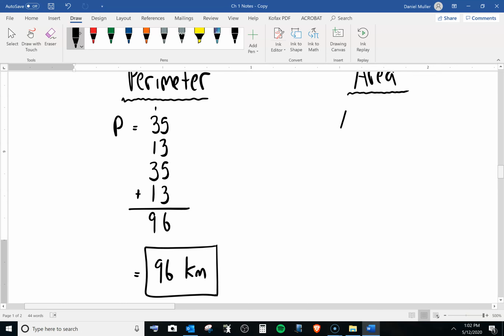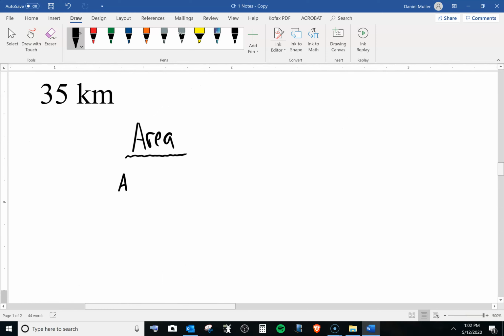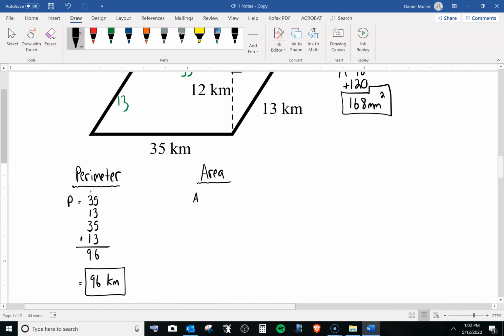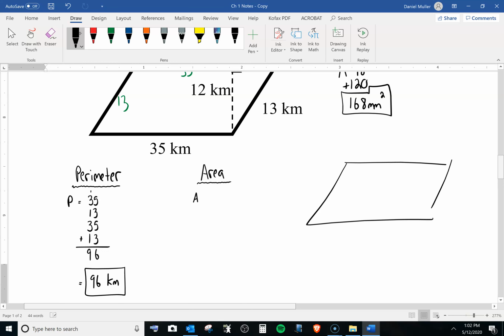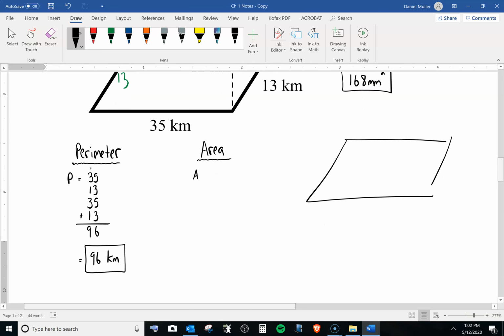Now, the area, and this is odd, but if you have a parallelogram, that is a rectangle that is kind of starting to fall over. So you note if you can push this corner back up, you would get a rectangle.